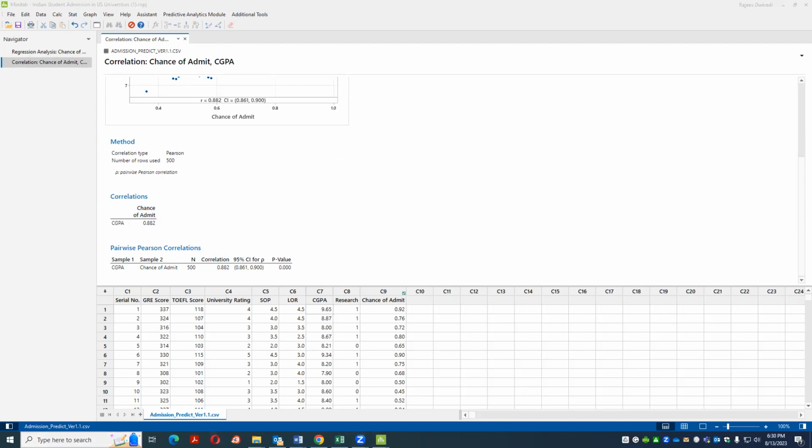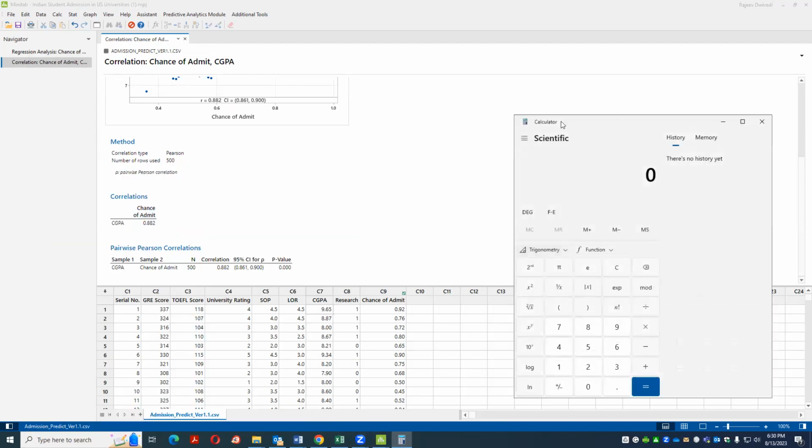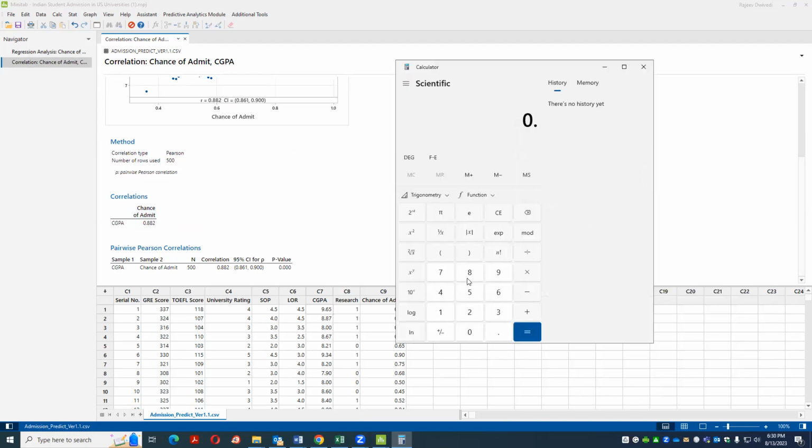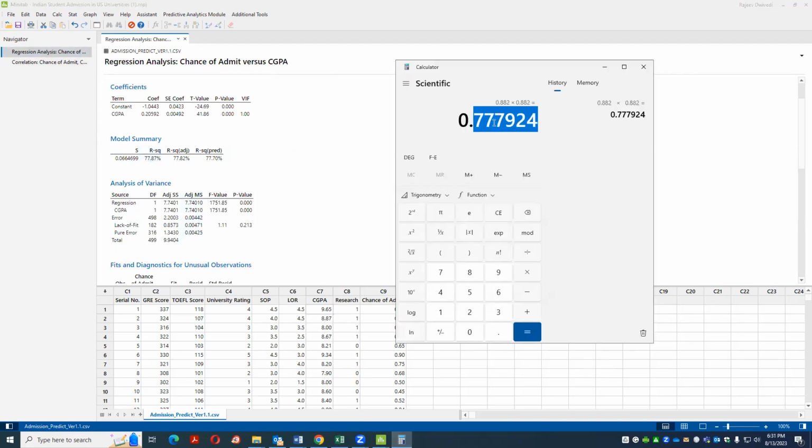Now I'm going to use the calculator. Can you see my calculator now? Yes, we can see it. 0.882 multiplied by 0.882. What do you get? 0.7787.